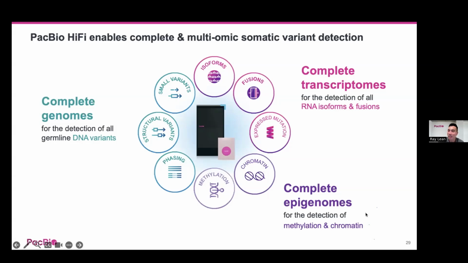The modification calls they generate are also just a probability right now. They may tell you maybe 60% this particular base has a modification, but it's not 100% sure yet. Our strength is, let's say you want to do RNA variant calling, our bases are much more accurate compared to what they can offer.